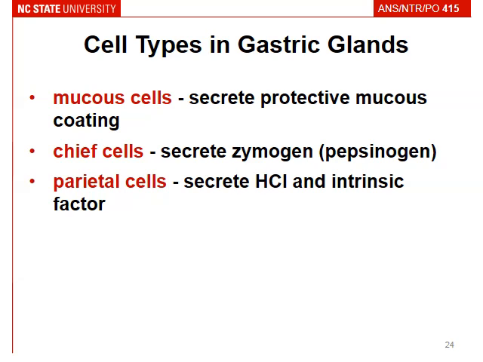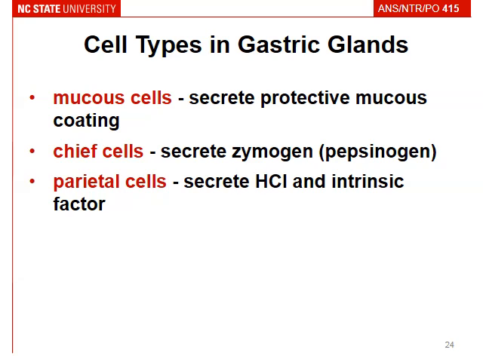Within the stomach, we have different types of gastric glands. The first one, as I mentioned earlier, is the mucus cells or mucosal cells. These are the cells that are secreting the protective mucus coating early within the cardia region, so we want to secrete the mucus to protect the lining of the stomach.